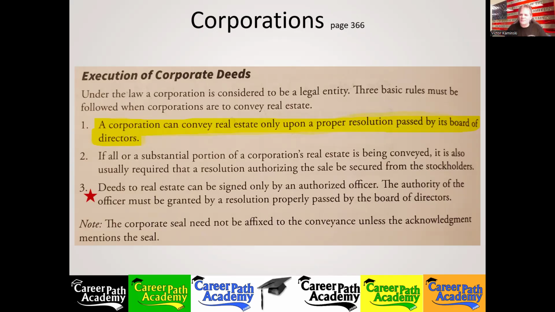You need some kind of documentation. Even if it's an LLC, you're going to need some sort of documentation that the person is an authorized officer of that entity to list the property for sale or sign contracts on behalf of that LLC. You just can't take the word of people that walk in off the street, right?